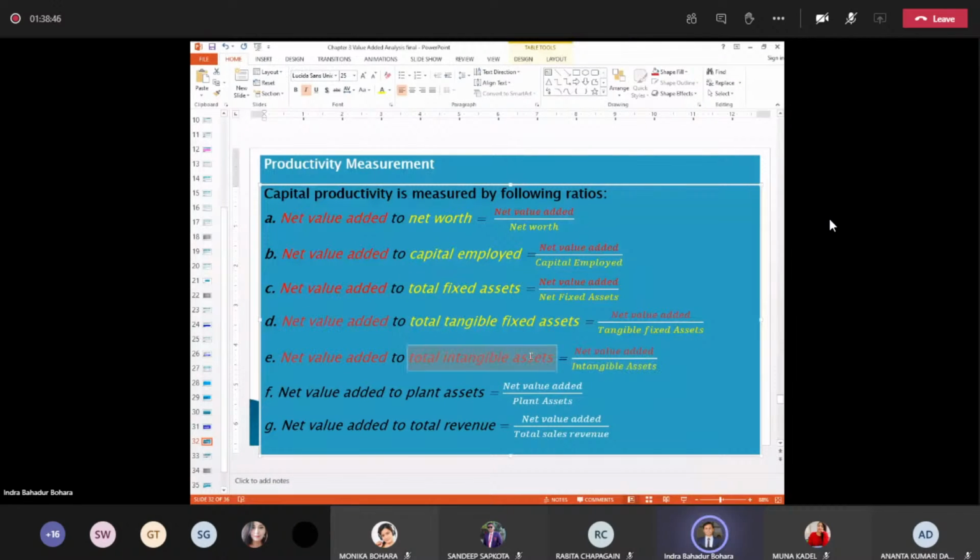First factor numerator, second factor denominator. Similarly, net value added to plant assets. Plant assets include only plant and equipment, plant and machine. In such a condition, net value added is the first factor, and we write it in the numerator.